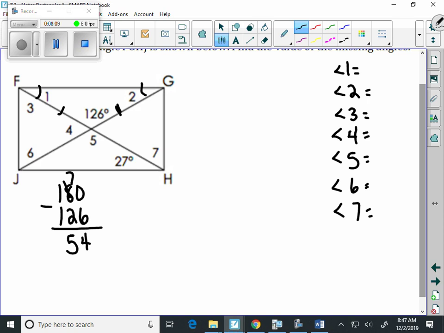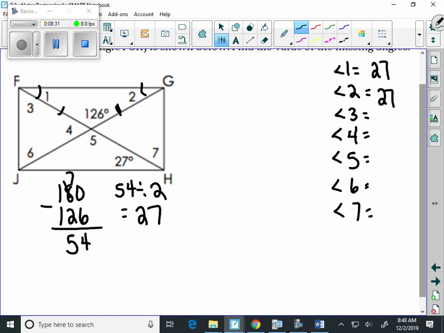And then when we divide by 2, because we've got 54 degrees left, we can take 54 divided by 2, equals 27. We know that angle 1 is 27, and angle 2 is also 27.